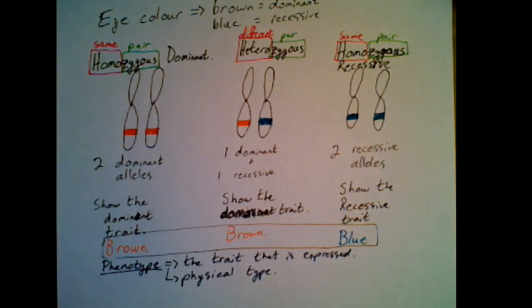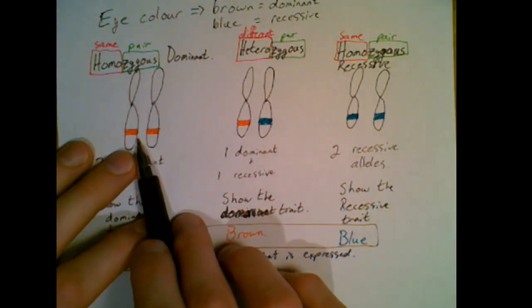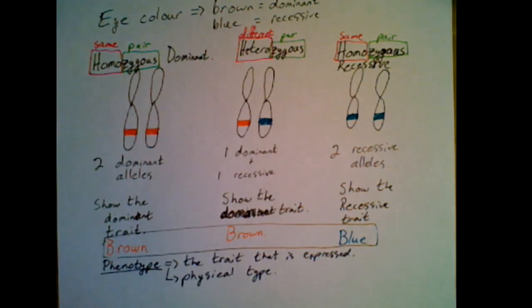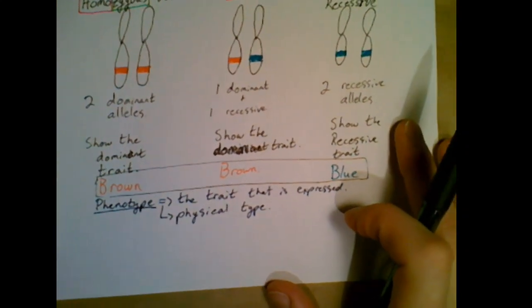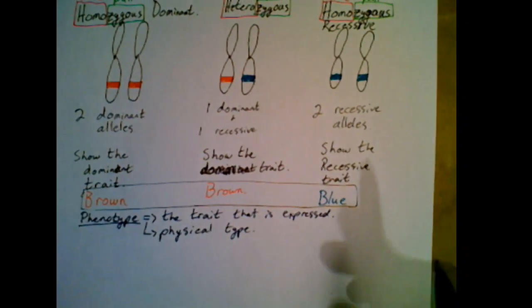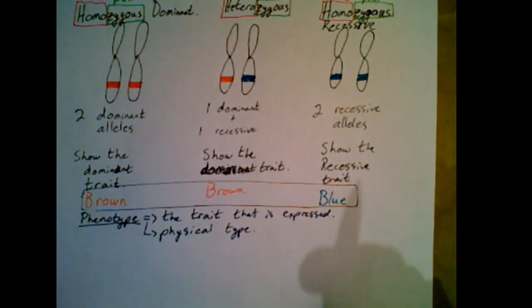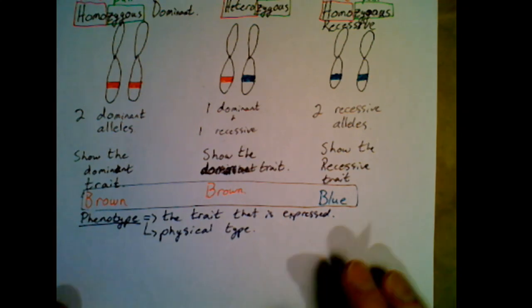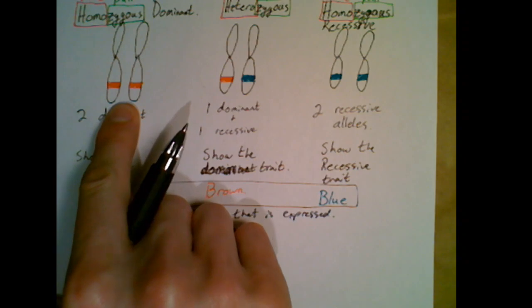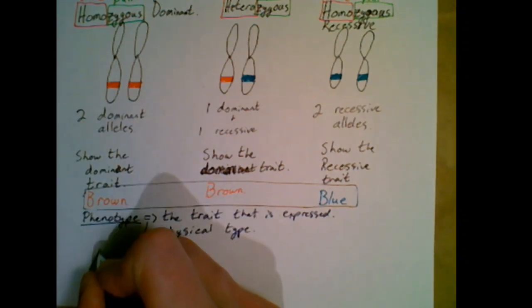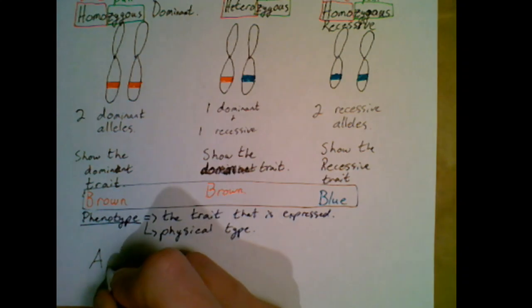Now, when we're dealing with genetics, though, it's kind of a pain to write out little drawings of these different chromosomes and try and show what things look like this way. So what we end up doing is we give letters to abbreviate what genes or what alleles somebody has. And so the way that we do that is using the same letter, but capital and lowercase. When you have dominant alleles, you show that using capital letters.